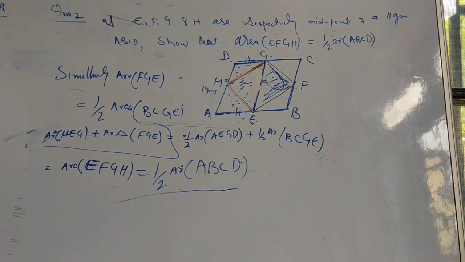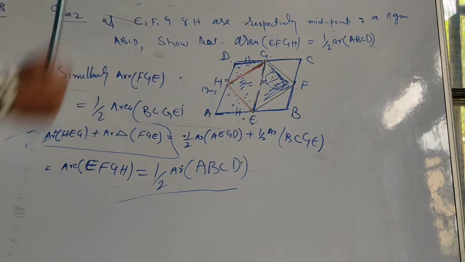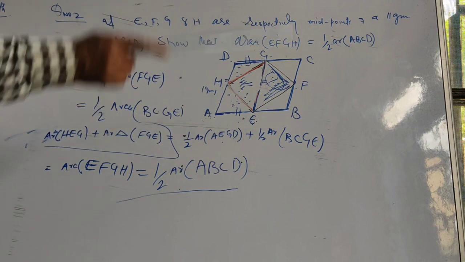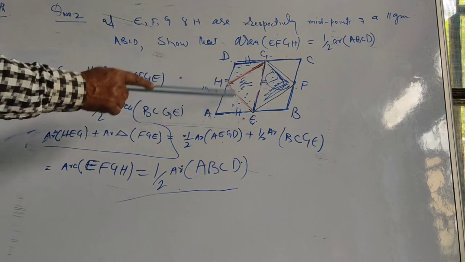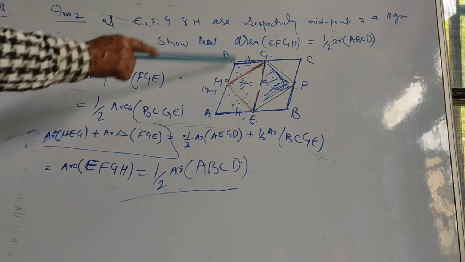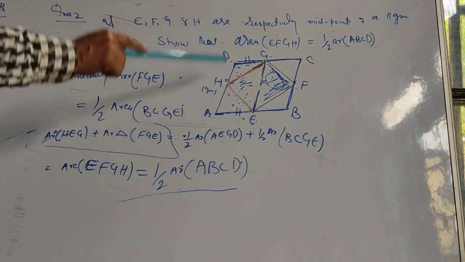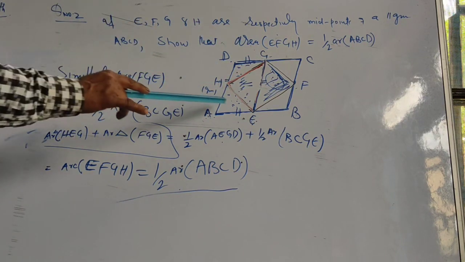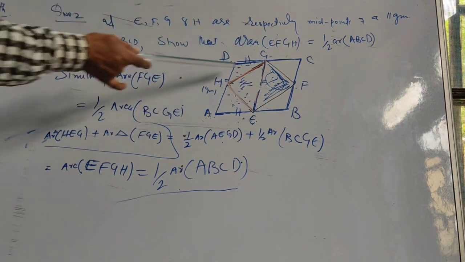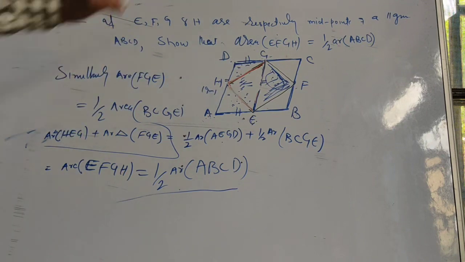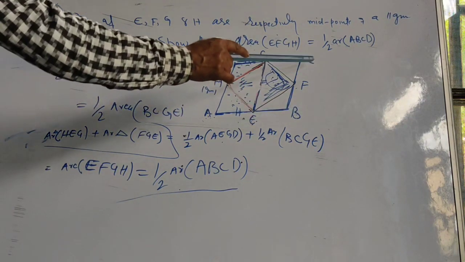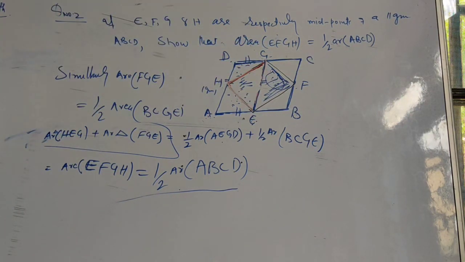Now see for yourself, from the figure we know this. Triangle and parallelogram on the same base. When a triangle and parallelogram are on the same base, the area of triangle is equal to one half area of parallelogram. That is, area EGH is equal to half of area AEGD. You can call this first, and similarly triangle EFG and parallelogram EBCG are on the same base.